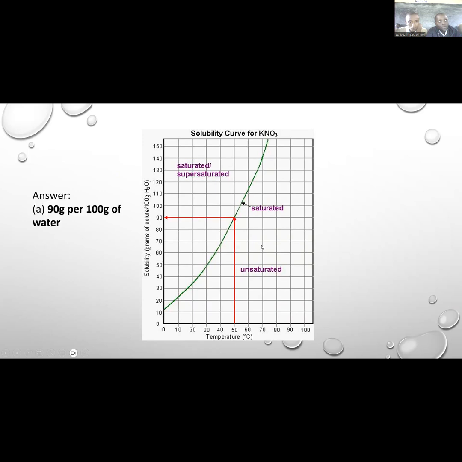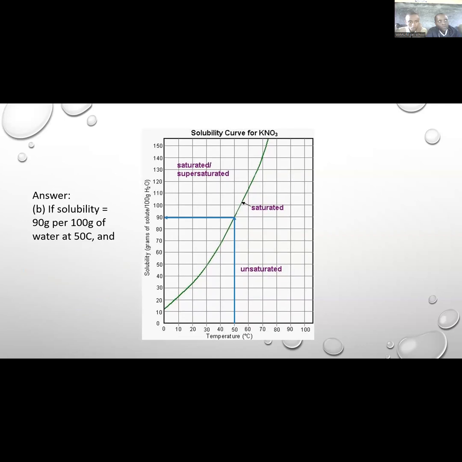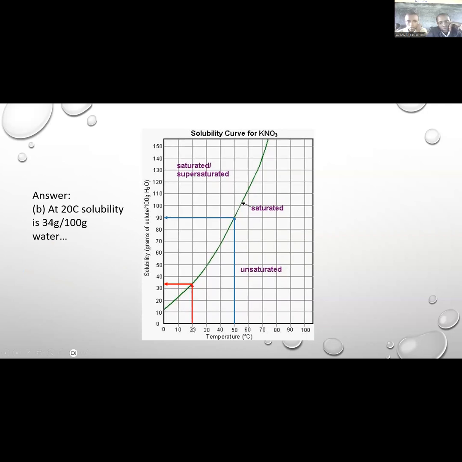Now, the second bit is if they started with 50 at 50 and cooled it to 20, how much will they get out? Well, obviously, we go with the first bit. Here's my 90 at 50. And here I write another one for 20 degrees. At 20, it looks like 34 or so.